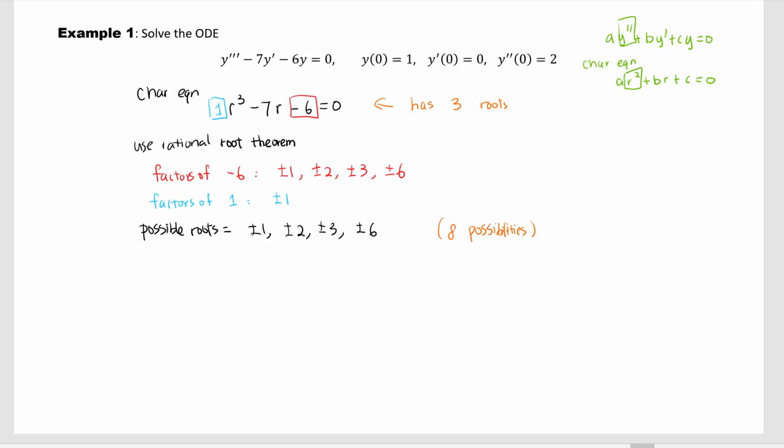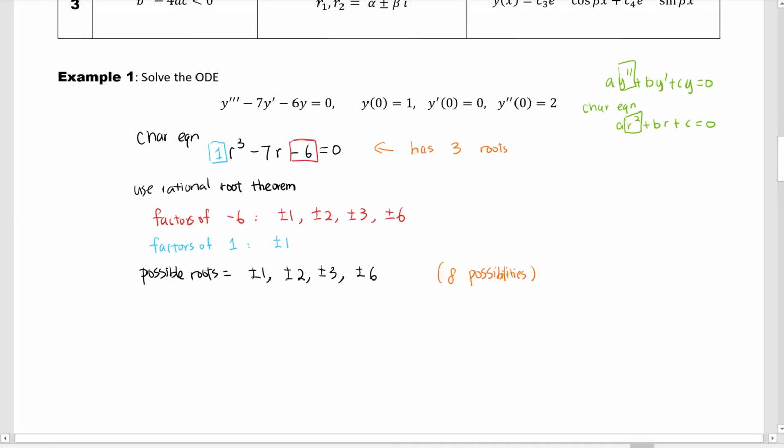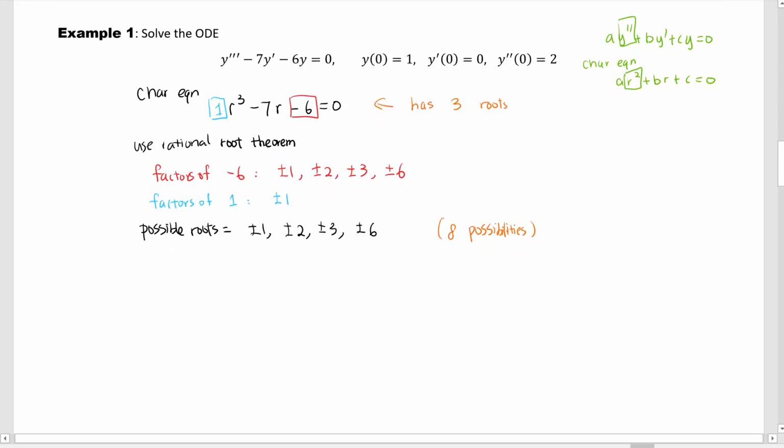Within those 8 possibilities, if this polynomial has a rational root, then the rational root must be one of those 8 possibilities. My second remark is that not all of them are roots, because we only have 3 roots and here we have 8 numbers. Some of them must not be roots.